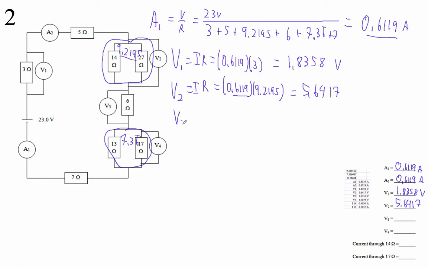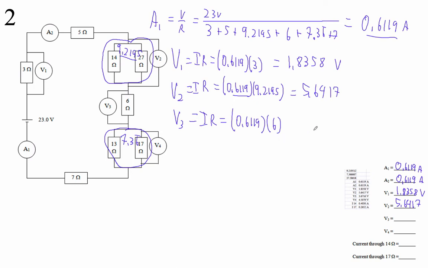Okay, V3. V3 is on the 6 ohm one. We can do that. That's not too bad. V3 equals IR equals 0.6119 times, V3 has got a 6 ohm resistor in there. So let's grab that number. We're using that number a lot. Times 6.